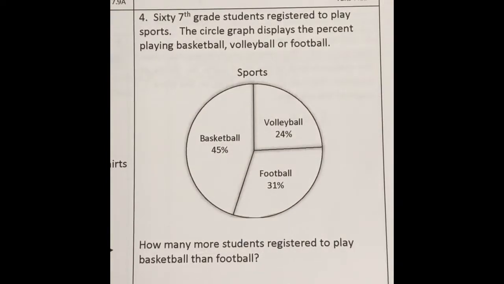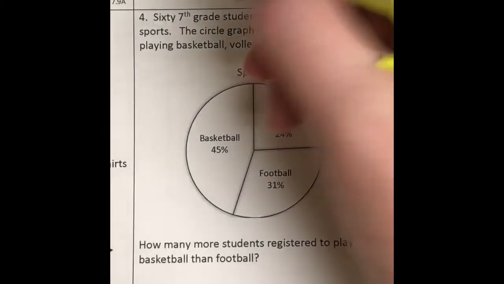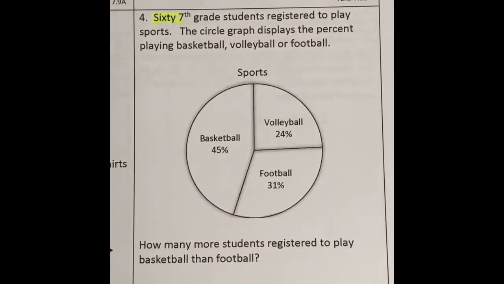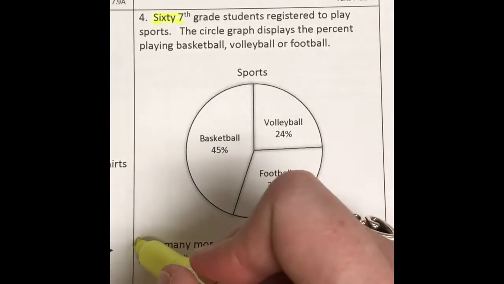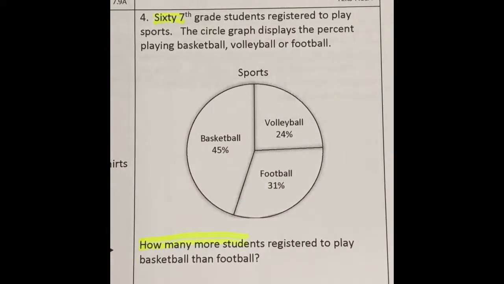Okay, this one gives it to you in a circle graph. Okay, it says 60 7th graders, that might be important, 60 7th graders registered to play sports. The circle graph displays the percent playing basketball, volleyball, or football. How many more students registered to play basketball versus football?